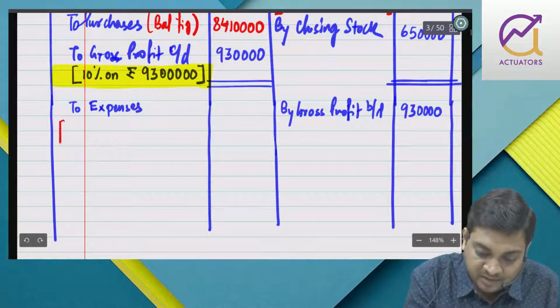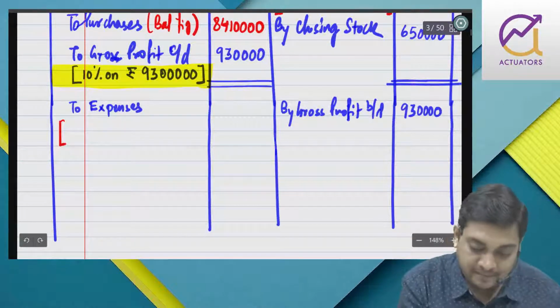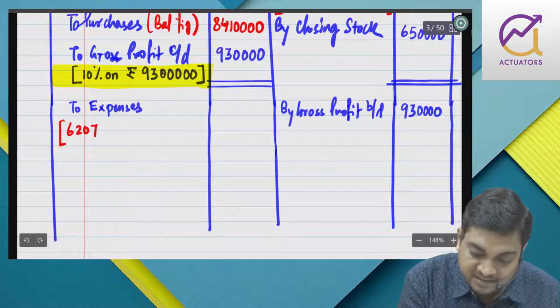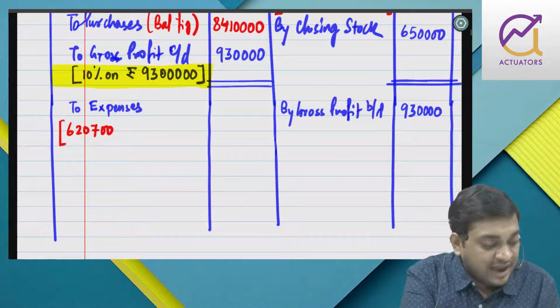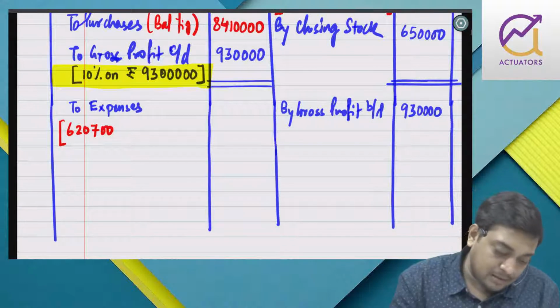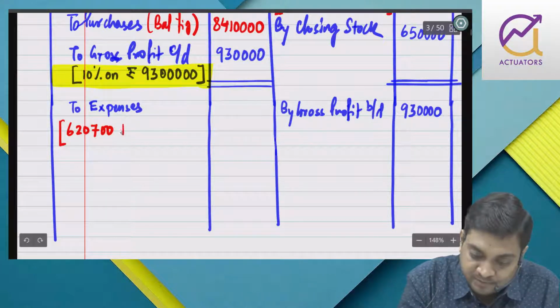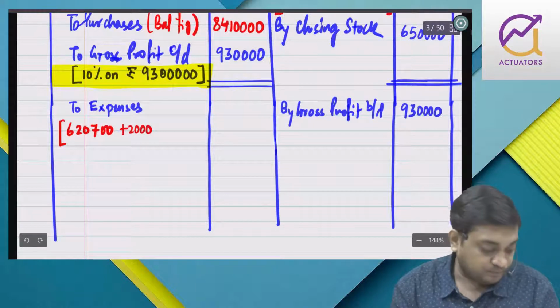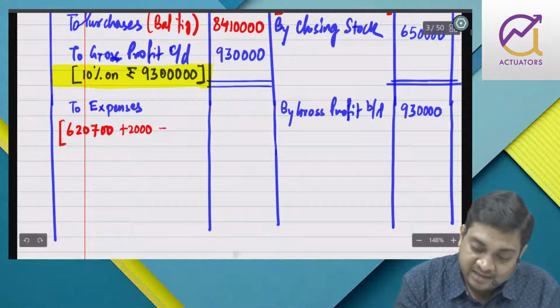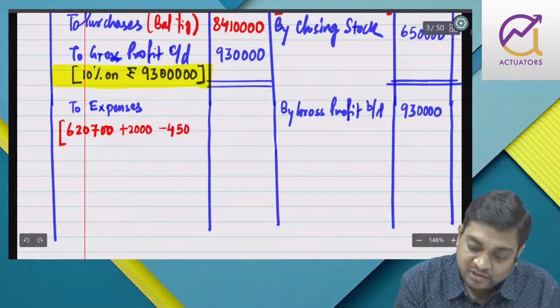Now, how much is expenses paid? 620, 700, right? So in that we had opening prepaid, that is related to this year. Opening outstanding, that is related to last year.